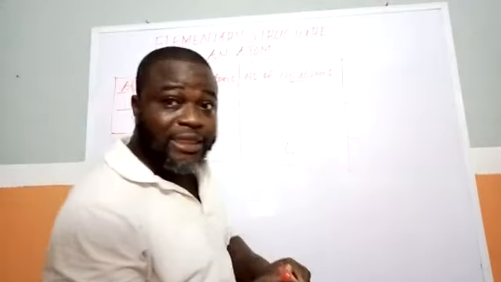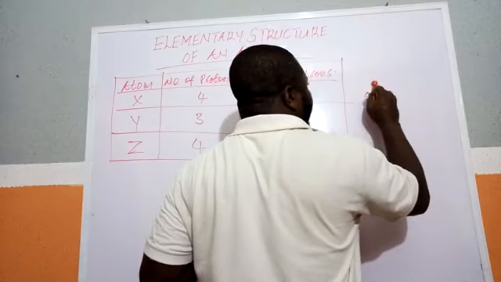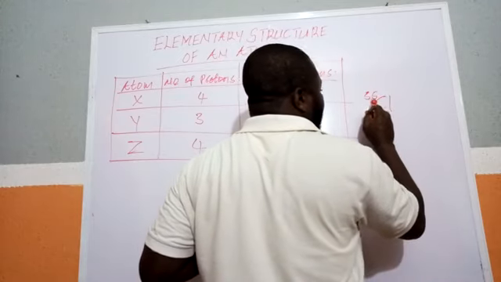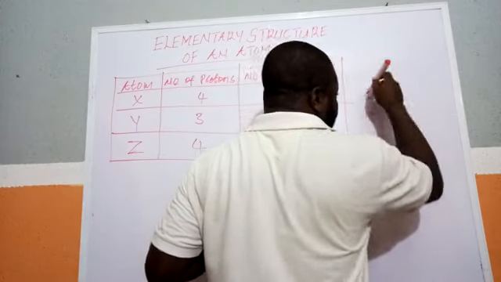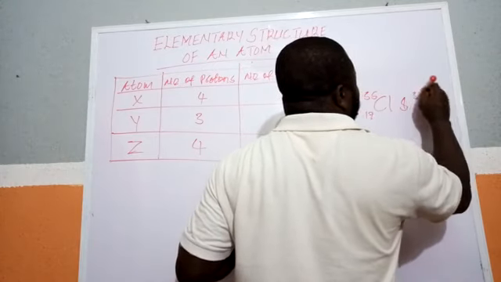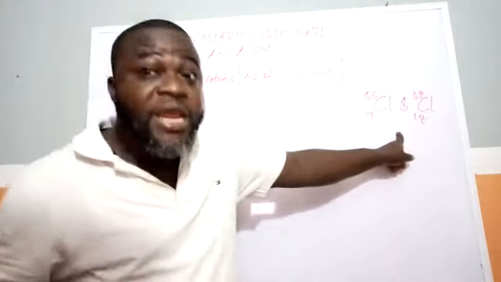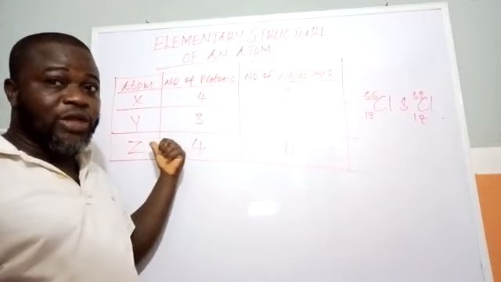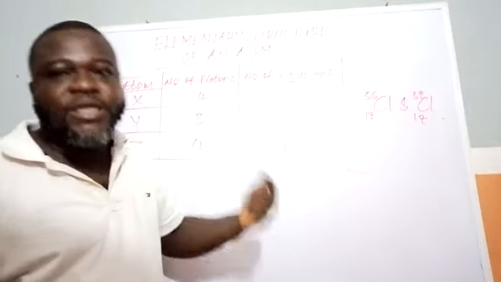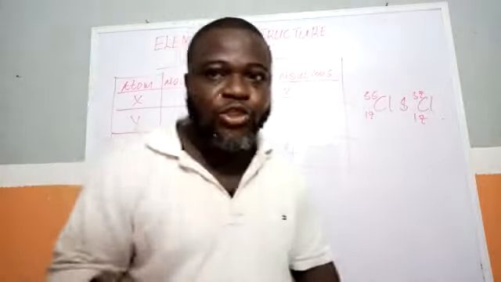I think the other time I used chlorine 35 with its atomic number and mass number, and chlorine 37 from 17. From this you can get the meaning of isotope. That is what they are trying to ask you there. If it is X and Y, what makes them isotopes? That is what they are asking for by give reason.